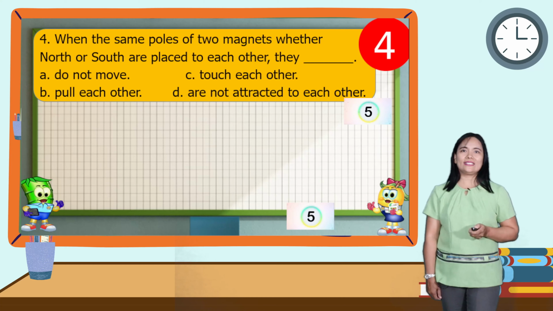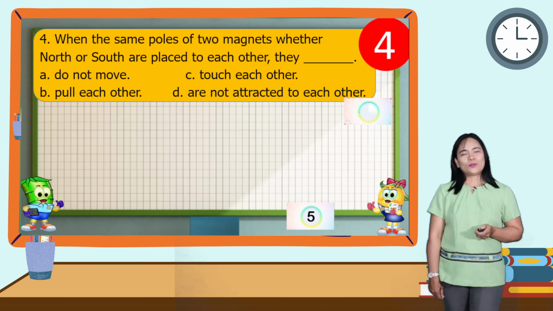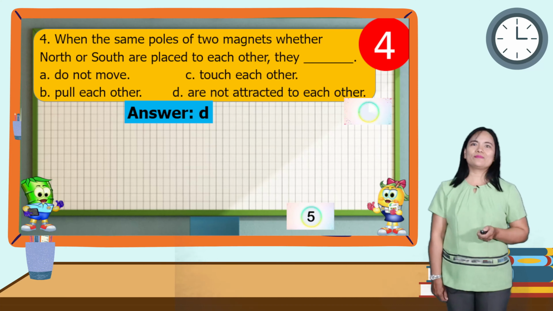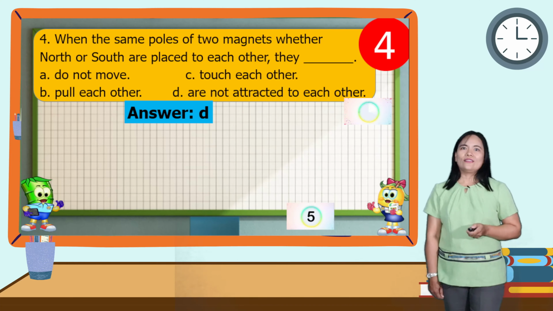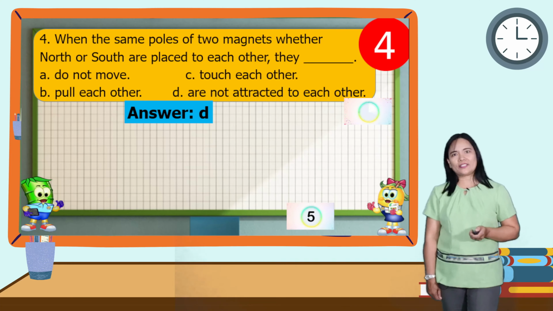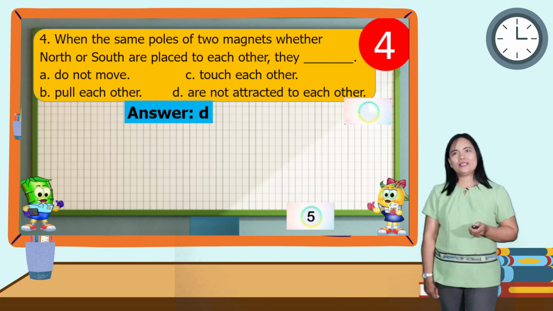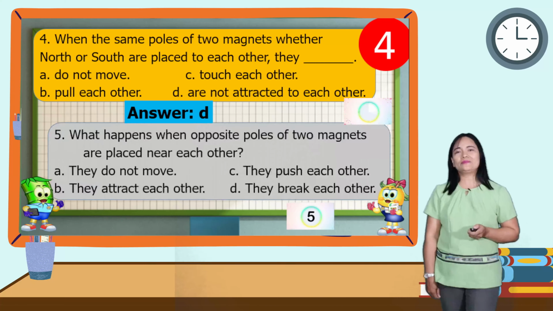Time starts now. Okay, time is up. The correct answer is letter D. They are not attracted to each other. Did you get it right? Okay, very good.